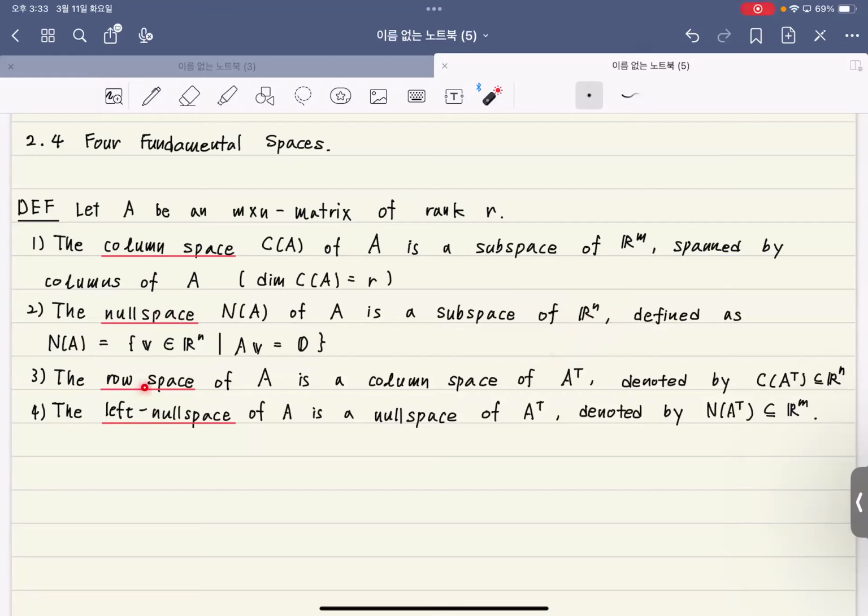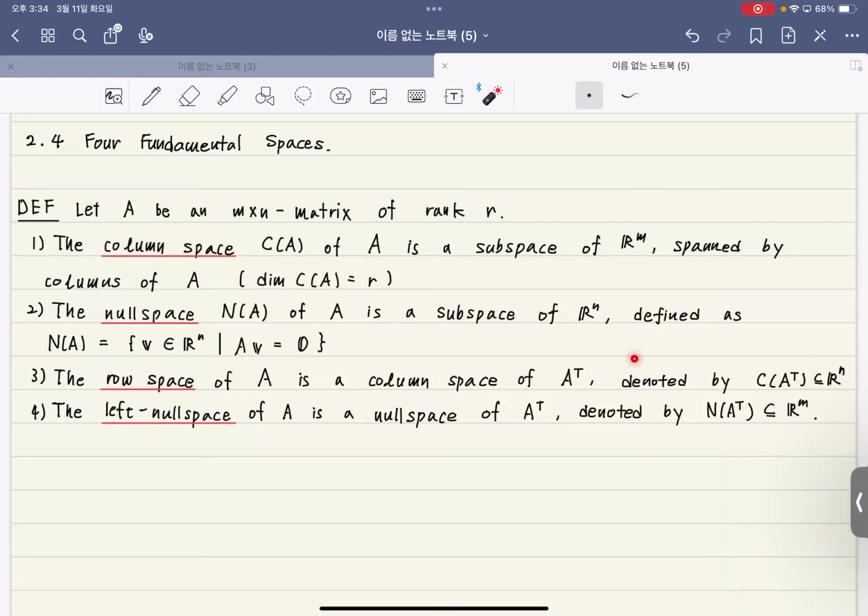All right, and today I want to introduce two more subspaces, which are the row space and the left null space. So what is the row space? The row space turns out to be the column space of A transpose. Very easy. What are the columns of A transpose? The columns of A transpose are nothing but the rows of A. So now I understand why they call it the row space.